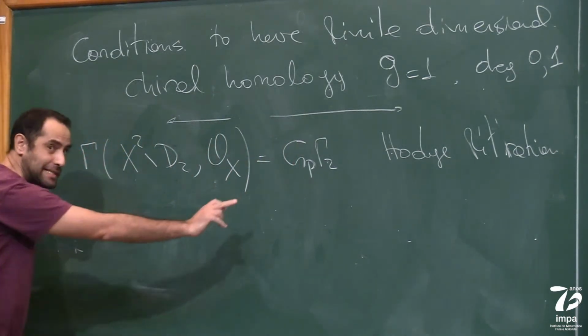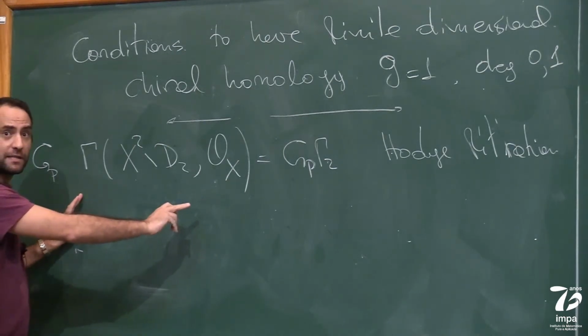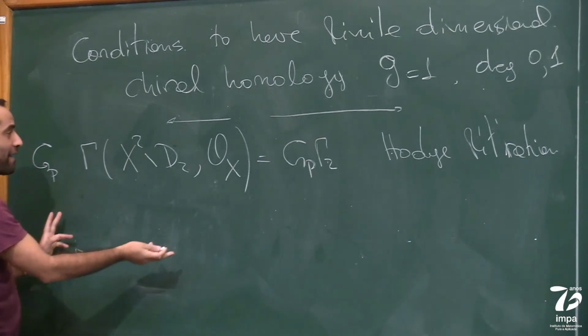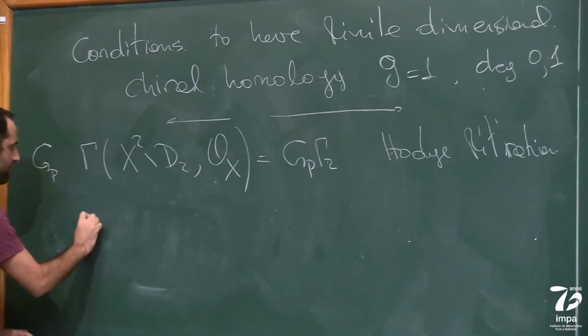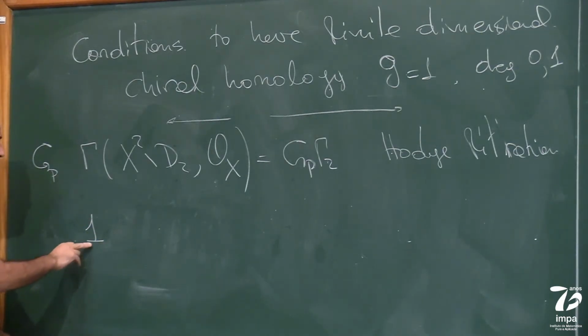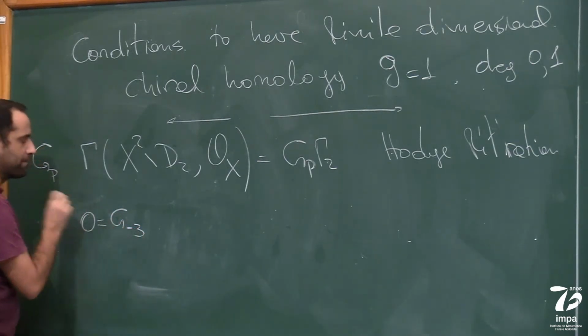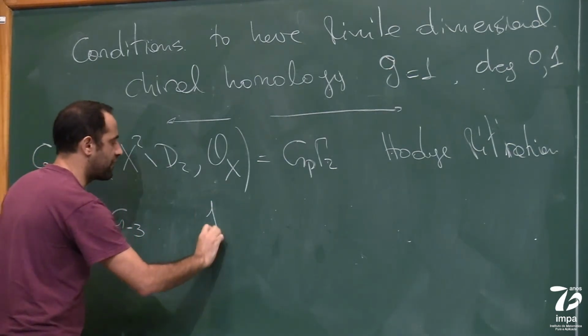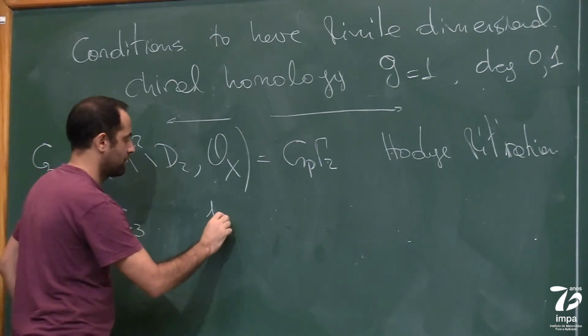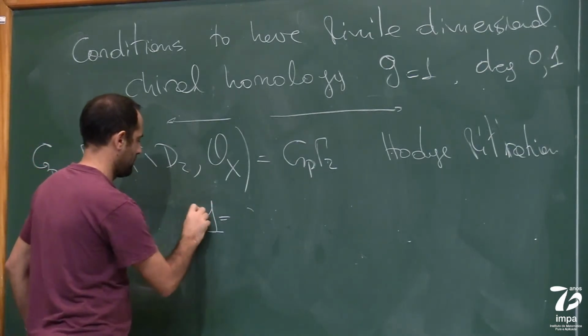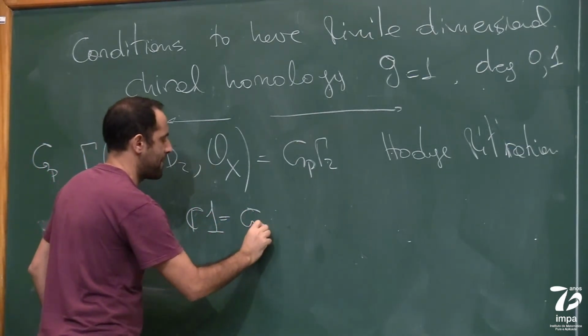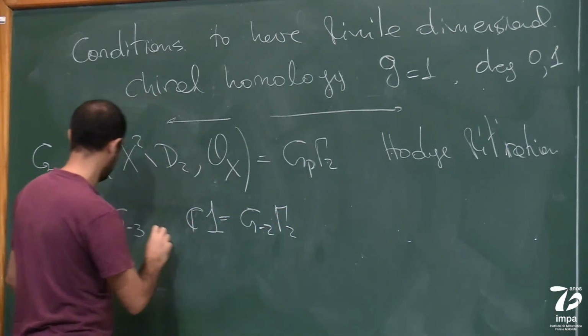So explicitly, let me tell you what is a basis for this space, modulo derivatives, because we have that. We have the constant functions. Well, first of all, we have 0, which is G minus 3. We have the constant functions that is a basis for G minus 2 of gamma 2.